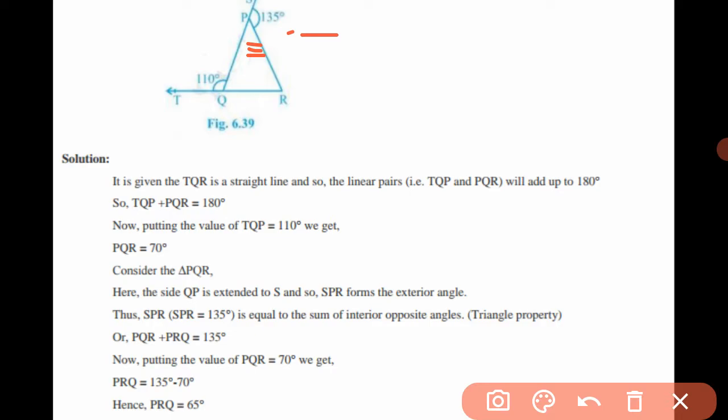Here SPR equals 135, which is equal to the sum of interior opposite angles, that is a triangle property. So this is an exterior angle, means angle Q and angle R will be equal to 135. So we can say that PQR plus PRQ equals 135.